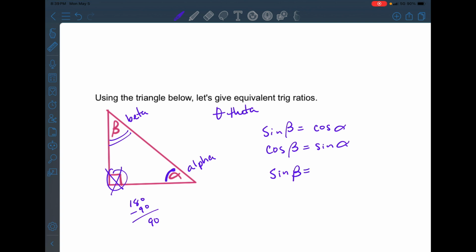The sine of B equals the cosine, and instead of alpha, they may say 90 minus B, because that's how you get the alpha. If you know what beta is, subtract it from 90 to get alpha. But look, these have to match when you do that. So I could say the sine of alpha is equal to the cosine of 90 minus alpha. They have to match in that case.